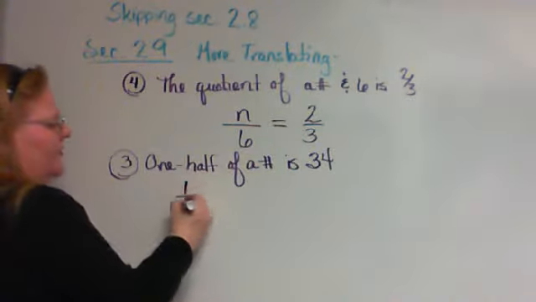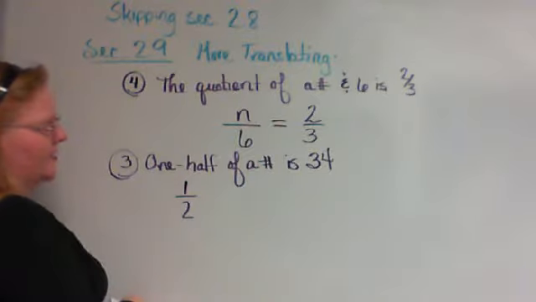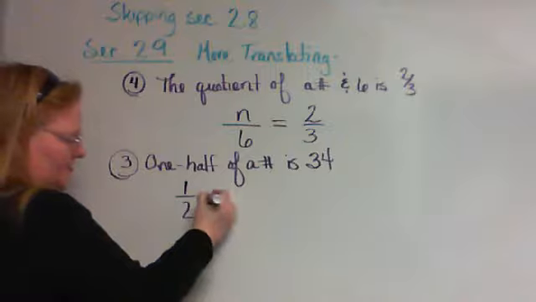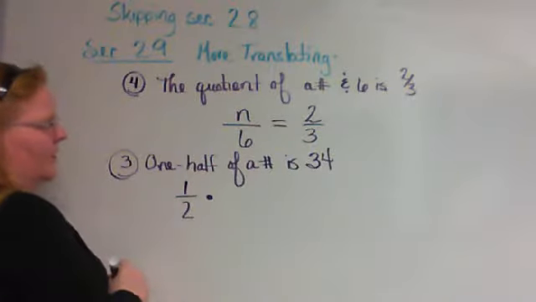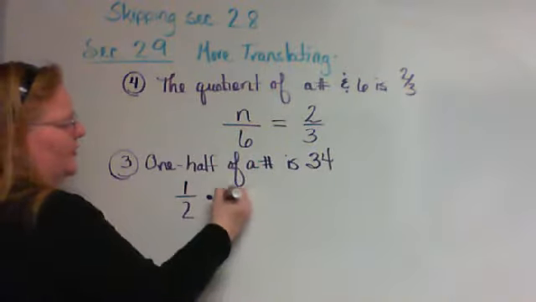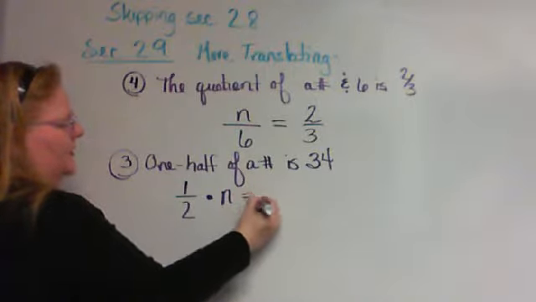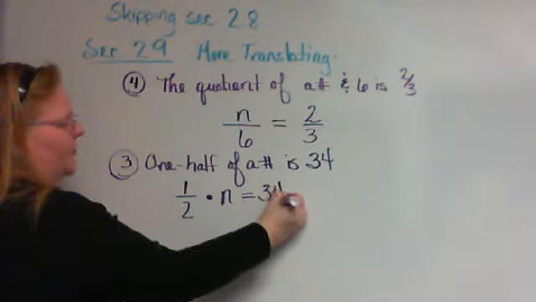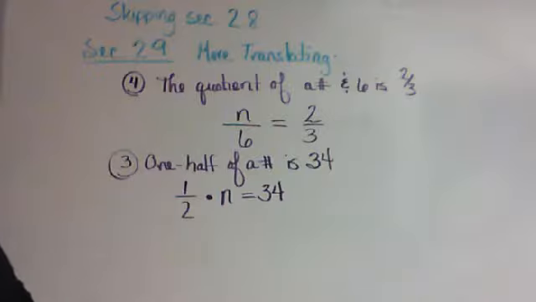So 1/2 looks like that. What did we say of was? Multiplication. 1/2 of a number we said was going to be our n is 34. Simply writing it out from left to right.